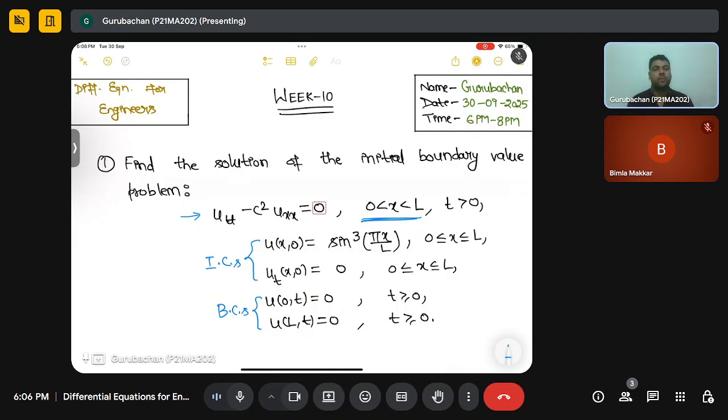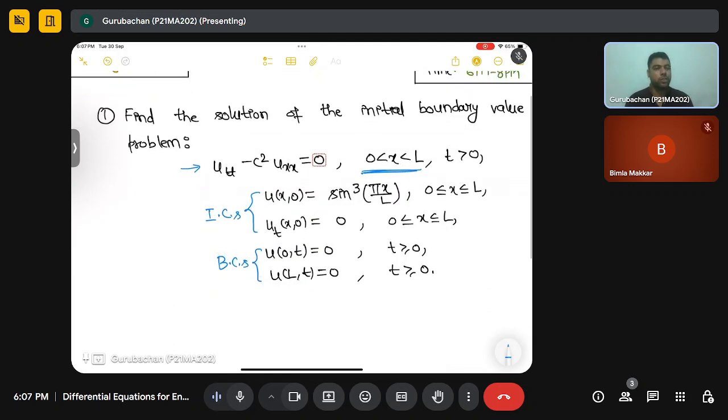The reason is that in the case of differentiation we cannot guarantee anything at the endpoints, or boundary points. That is why we do not include x equal to 0 and L and t equal to 0 in the equation. While writing the conditions, we know that our function is continuous, so we include x equal to 0 and L and t equal to 0.